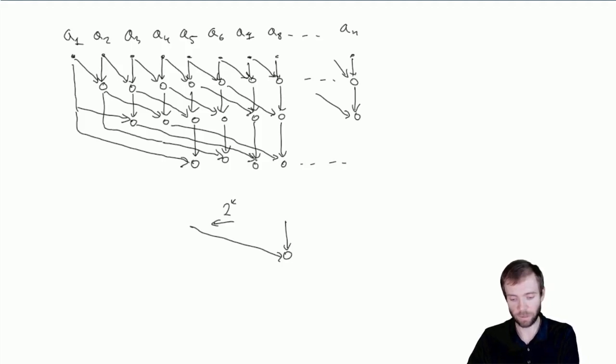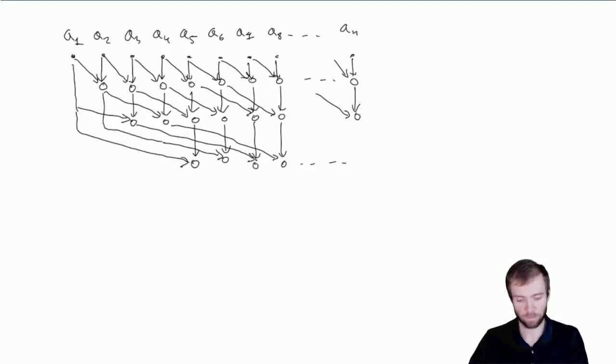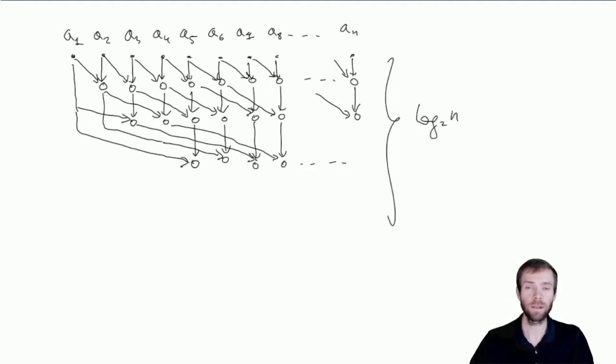So here we moved one step to the left. On the next layer we have moved 2 steps to the left, and so on. So we'll have a logarithmic number of layers before we are able to compute the product of all our n A's, all our values.